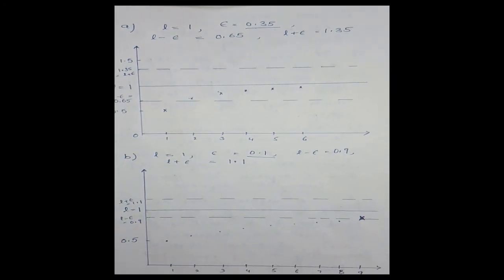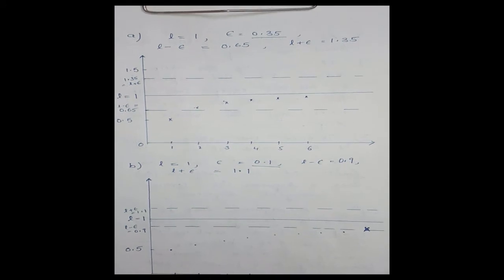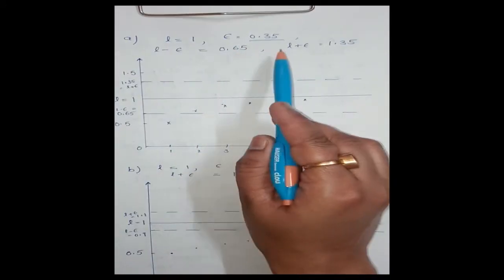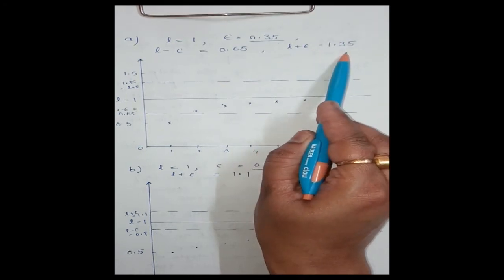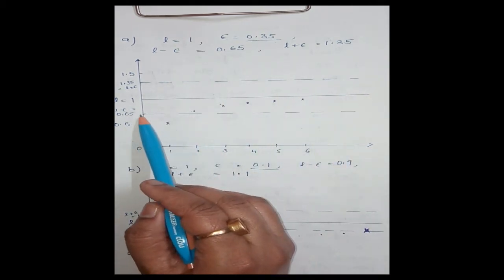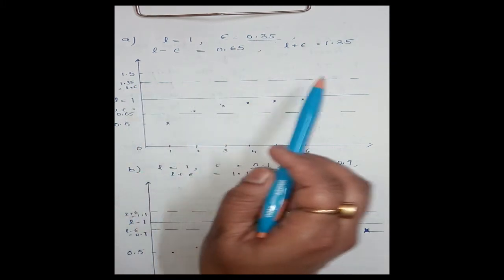Clear? When L is equal to 1 and epsilon is 0.35, then L minus epsilon will be 0.65 and L plus epsilon will be 1.35. Now draw lines at L equal to 1, L minus epsilon that is 0.65, and 1.35.